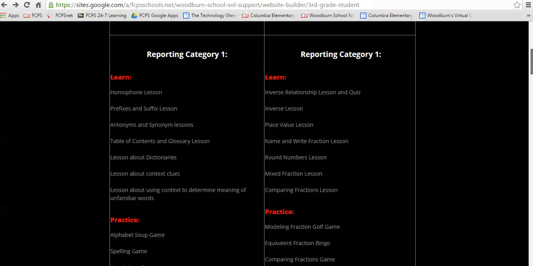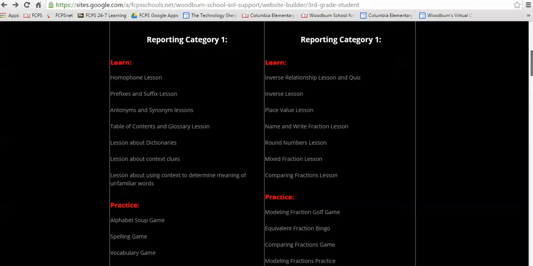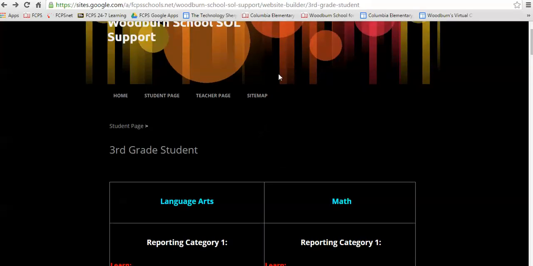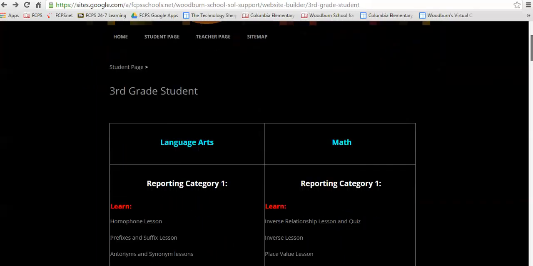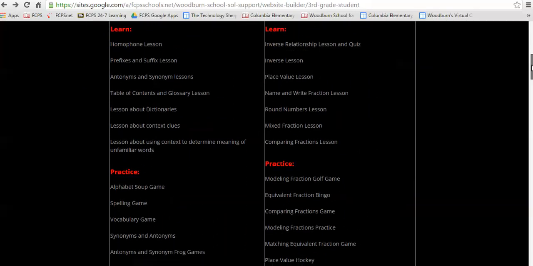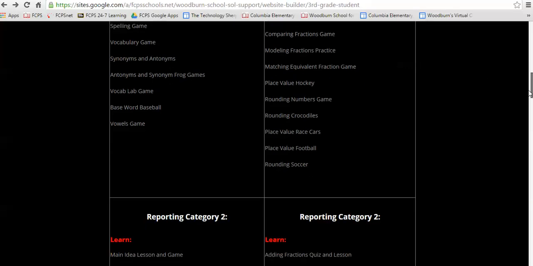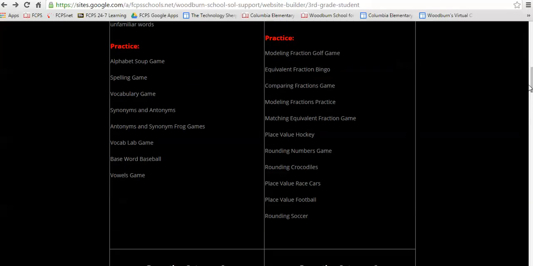So your students can be doing this at home. They can be doing it independently. So suppose you are on the teacher page and you're using those resources to work with a student or two. Well, what are the rest of the students doing who need support? They could be going on your classroom computers and they could be checking out any of these different resources. And then there's opportunities for practice.